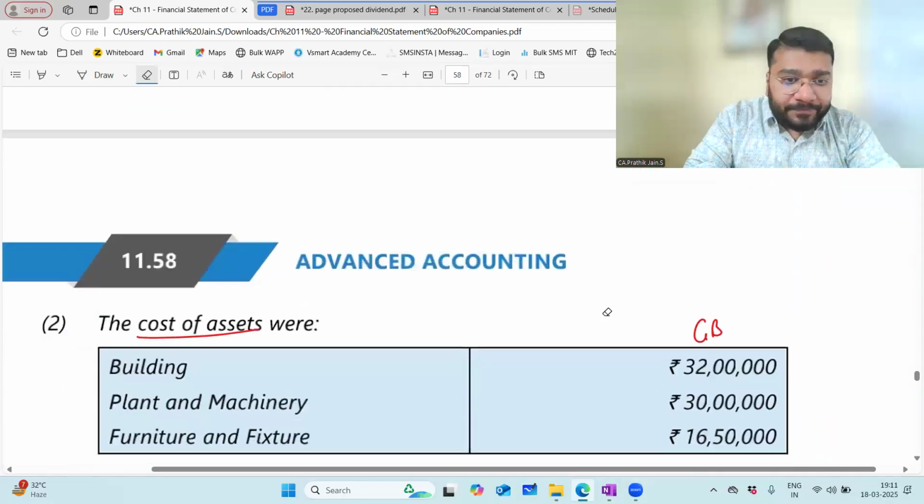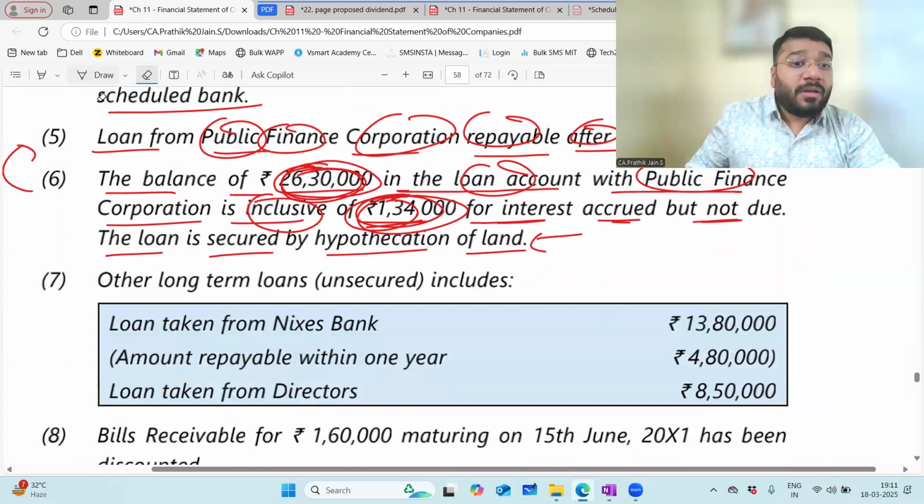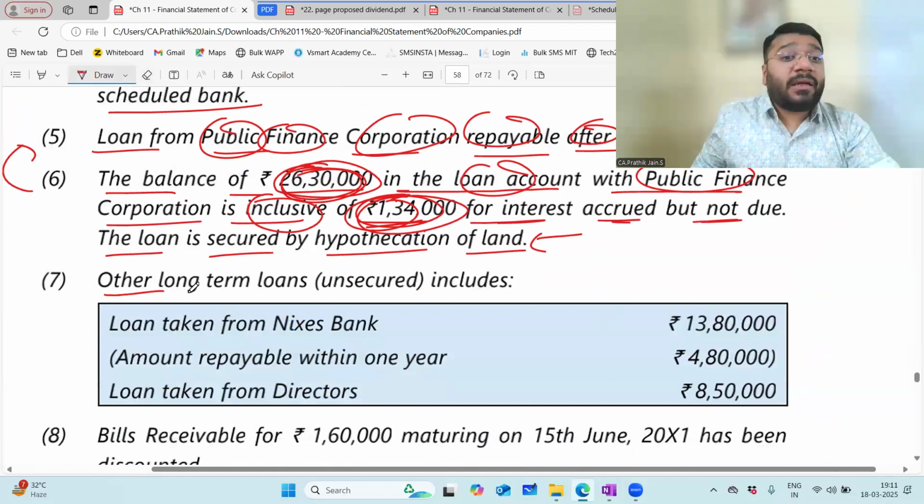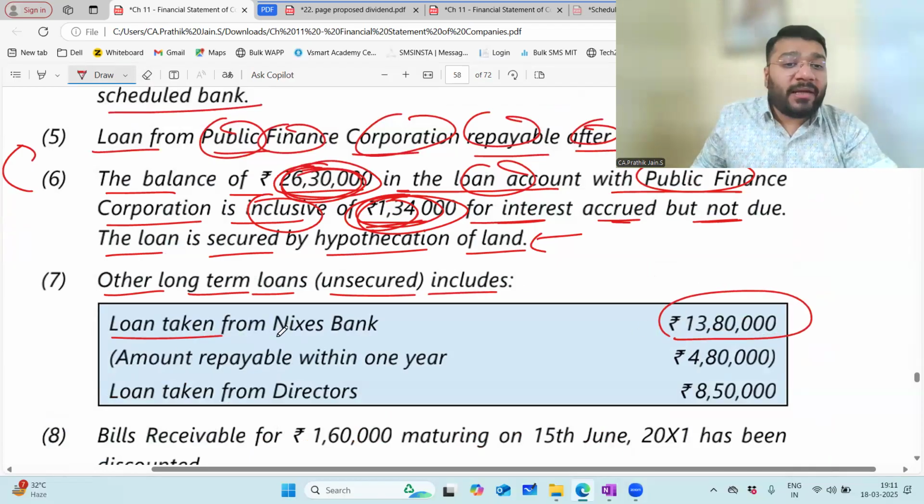Coming down, 7th point. There's an item called other long-term loan, which is unsecured. This includes 13 lakh 80,000 loan taken from Nexis Bank.